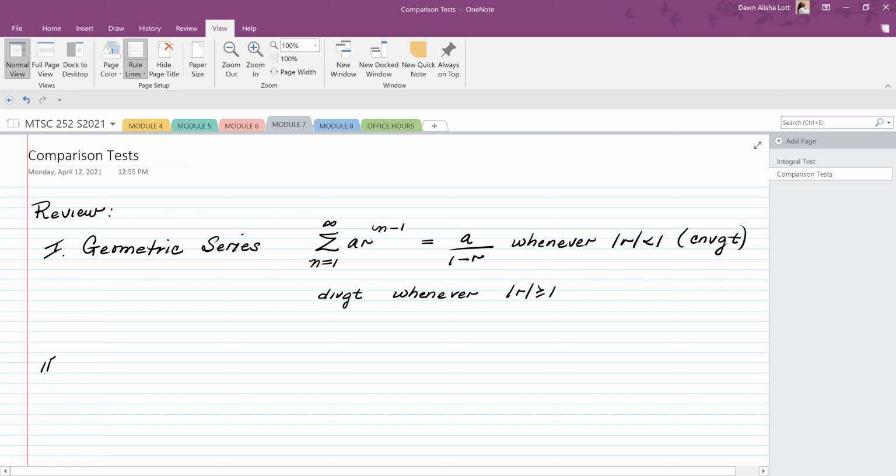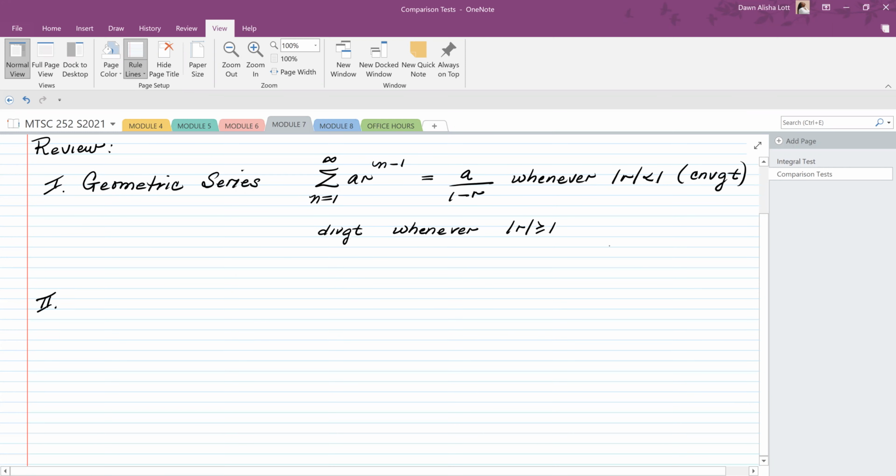The second test we looked at was the telescoping series. And they had a form. So I can't give you all the possible forms, but we did have one on the exam, and that was the sum of 1 over n plus 1 minus 1 over n plus 3.